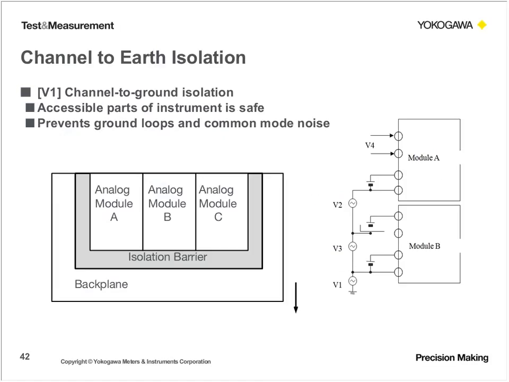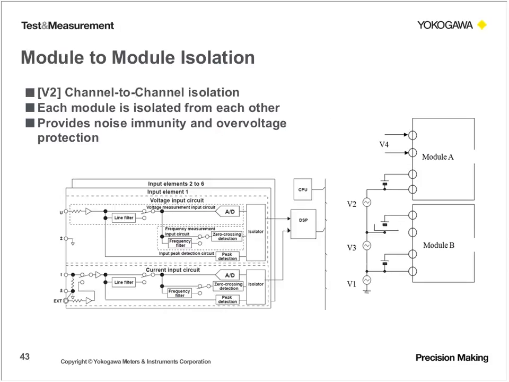For channel to earth, you typically have an isolation barrier across the outside chassis of the instrument, and this is the easiest one to detect. This will prevent you from harming yourself if you touch the instrument, so you won't experience that shock. The second one is module-to-module isolation. A lot of you are familiar with hot swappable instruments, and this is the reason why we have that, because of channel-to-channel isolation.